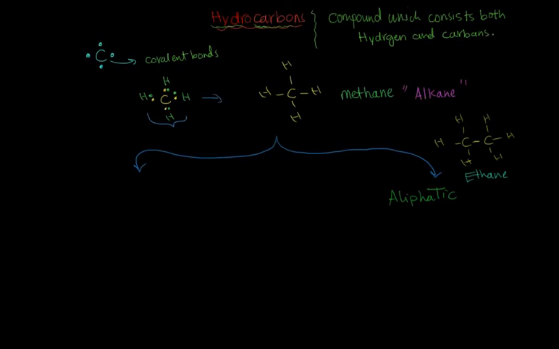Alright, and it's also an alkane, but it consists of two carbon molecules. Alright, so let's go to cyclic structures. If we have a compound which consists of three carbon molecules and it looks like this, it's cyclic, because it's shaped like a closed triangle, so it's a cyclic shape.